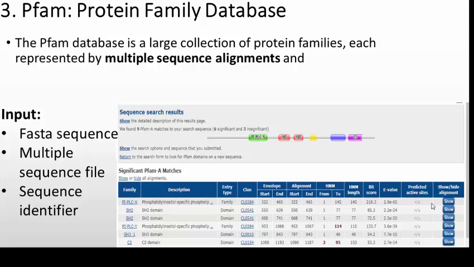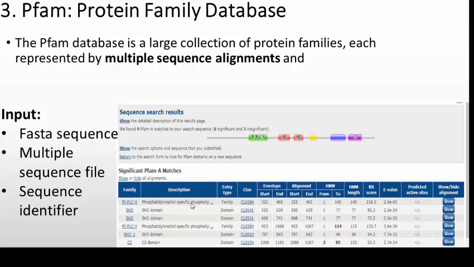When we input and run the PFAM database, this is the output. Again it is showing graphically that this line shows our sequence, the background line, and the boxes on the line are showing domains and motifs.